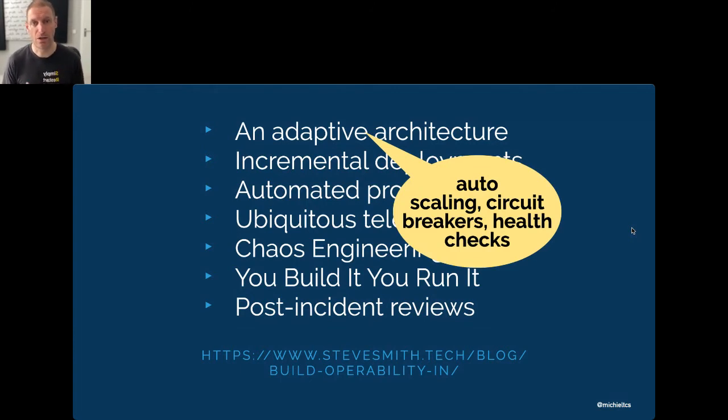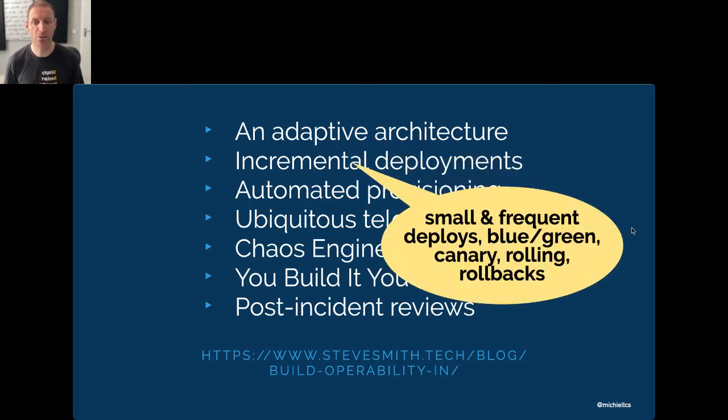Well, things like auto-scaling, circuit breakers, health checks to ensure that system failures are corrected automatically and do not progress further into your architecture, into your system. That if you have more load, that your system scales up and down to deal with it. And that's an important feature of an adaptive organization.